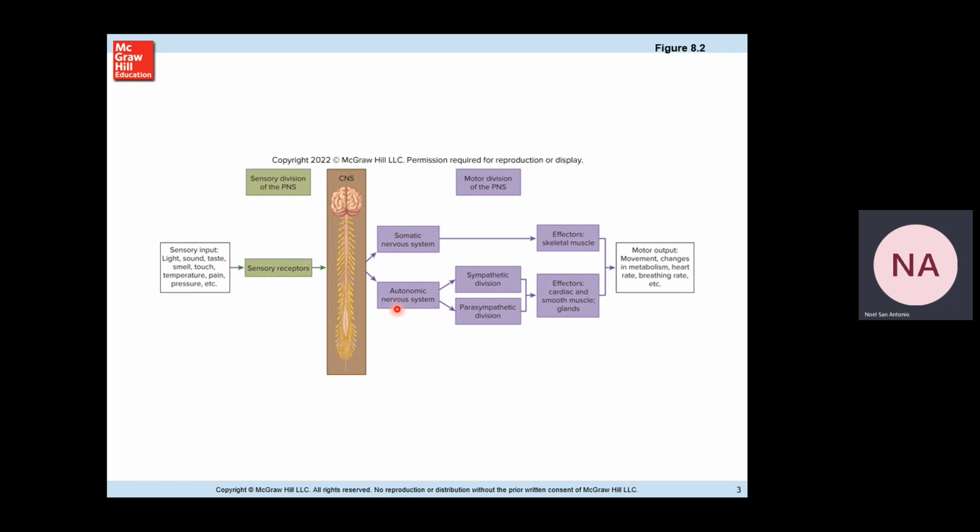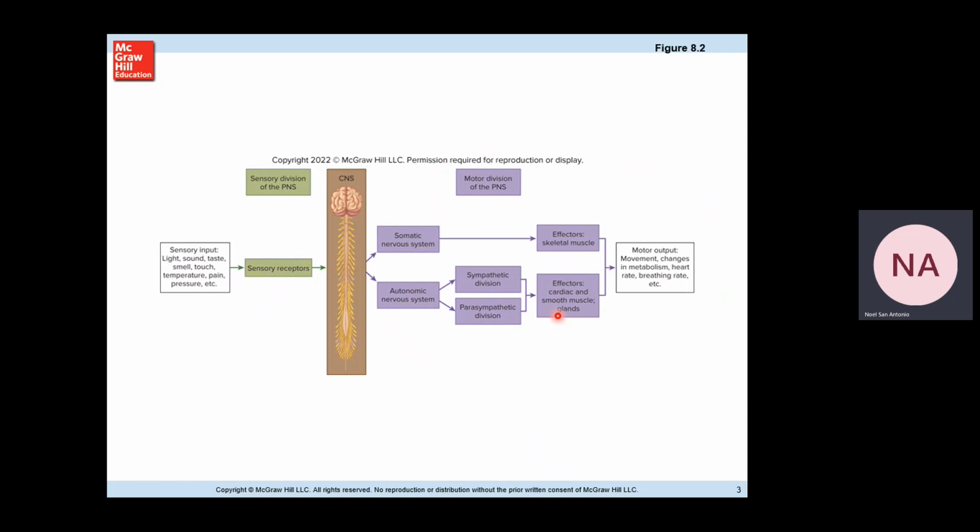Now, the autonomic nervous system is further subdivided into the sympathetic and the parasympathetic division. Later we will be discussing more of the sympathetic and parasympathetic division. Both divisions innervate the effector organs of the autonomic nervous system, such as the cardiac and the smooth muscles.